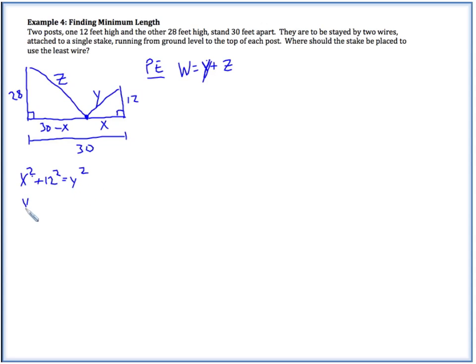And so here y is going to equal the square root of 144 plus x squared. And this becomes one of our secondary equations.